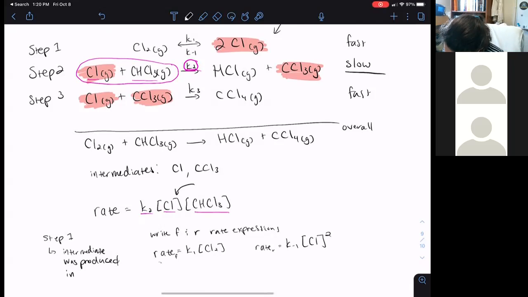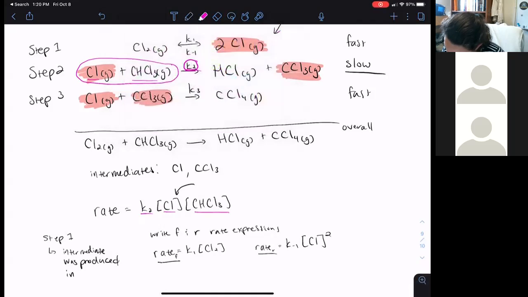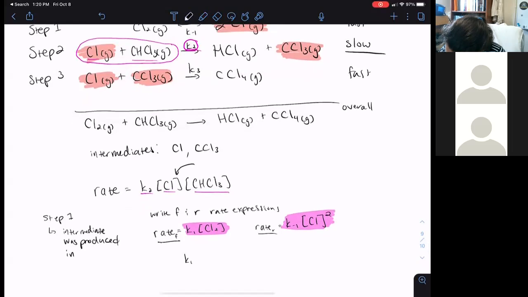After that, since it's an equilibrium, the rate of the forward is equal to the rate of the reverse. So we're going to set them equal to each other. So we're going to set this equal to this, giving us K1 Cl2 equals K minus 1 Cl squared.